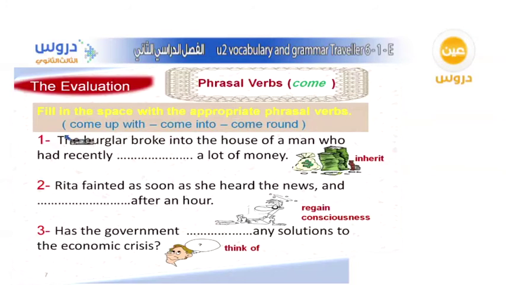Now, we need to evaluate our knowledge of the phrasal verbs with the word come, the ones you have seen previously. So fill in the space with the appropriate phrasal verb: come up with, come into, come round. The burglar broke into the house of a man who had recently a lot of money. So can you say come up with, come into, come around?